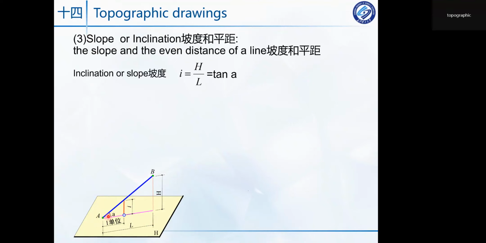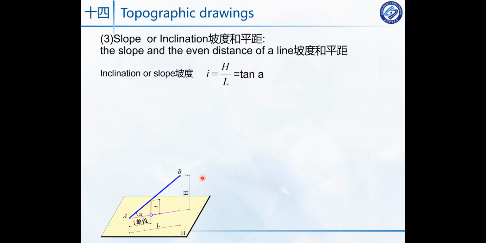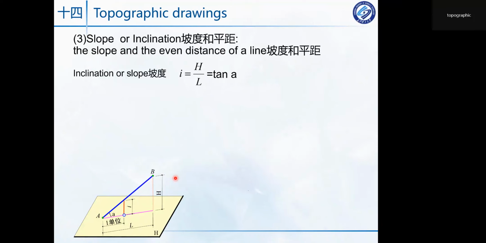Okay, so let me ask you, how to represent the position of A and B. You can see this line has an angle. Here is an angle.